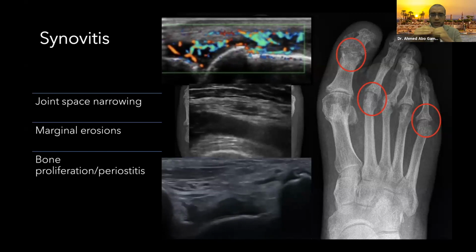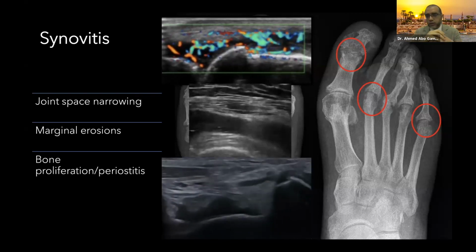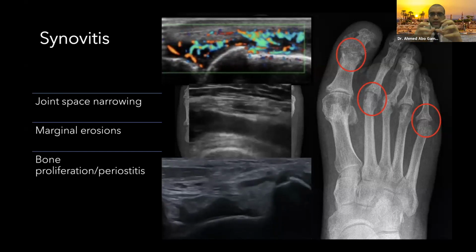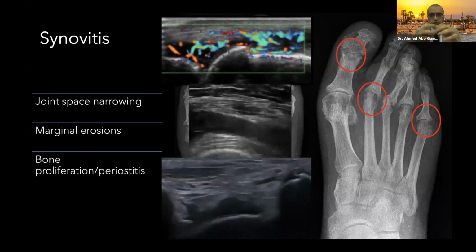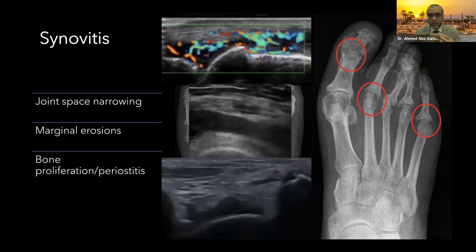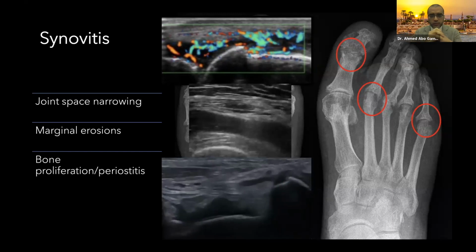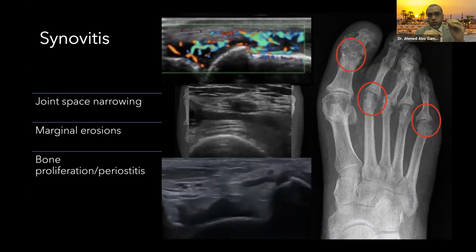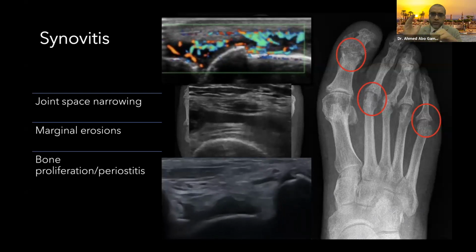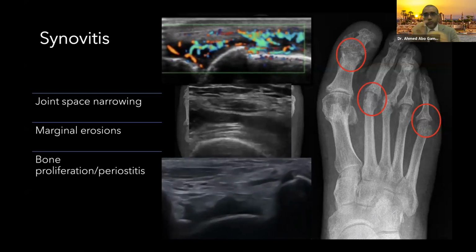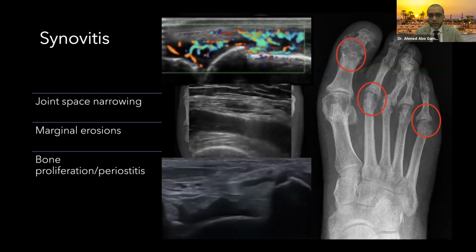And also in ultrasound, the synovitis of psoriatic arthritis is very active, showing usually grade 2 to 3 Doppler activity, which does not match the grayscale findings. If you have grade 1 or 2 synovitis with grayscale, it is always higher in Doppler signal, which is not comparable to what's happening in rheumatoid arthritis.